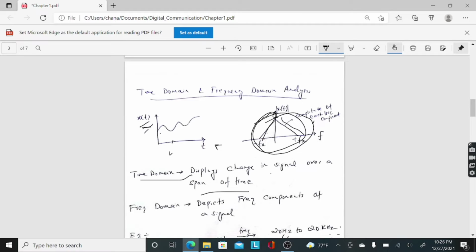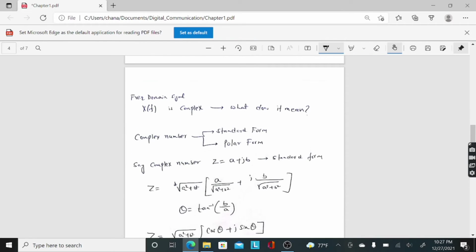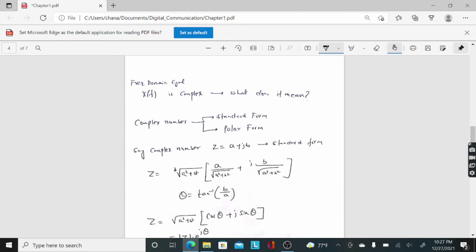So for every frequency you may have to apply a different phase delay in each frequency component to get back the original signal. So that's why the complex number comes into the picture. Let's go into a little more detail in the next page. Before I go into what frequency domain represents, some quick recap of basics of complex numbers.